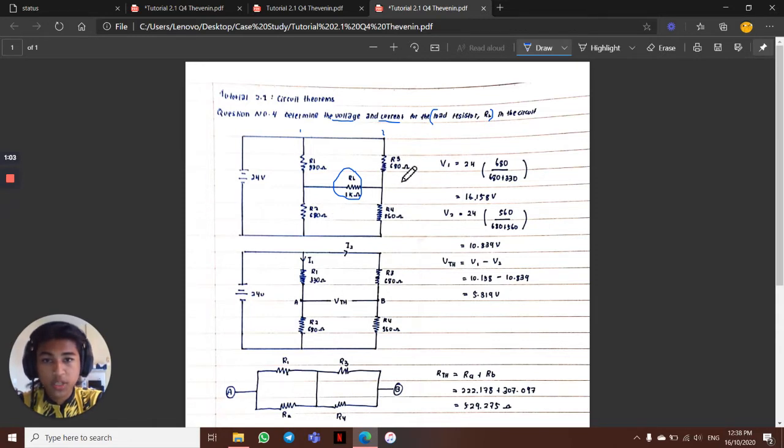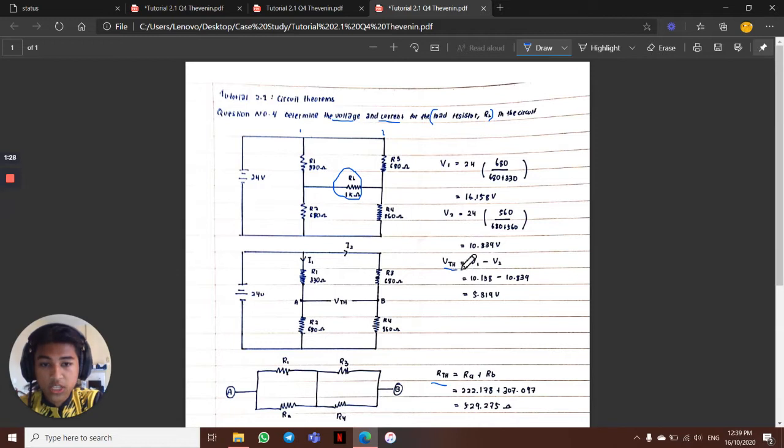Same goes to R3, and R4 is 560 ohm. So in order to get the voltage and current for the load resistor, we must find VTH and RTH.